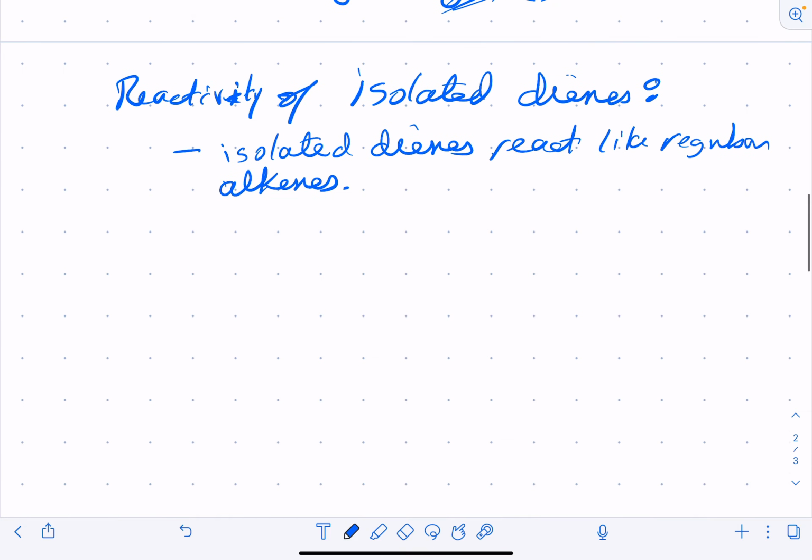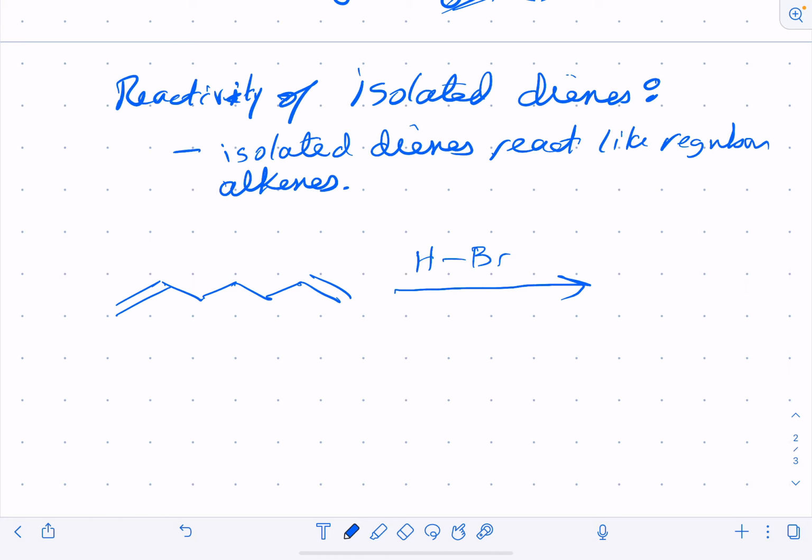So if I have an isolated diene like this one that we've started with, and I try to do one of these reactions that we kind of beat into your head in Organic 1, like the addition of HBr, for instance, and if I add enough of that HBr, I can convince both of those alkenes to react as I would expect a normal alkene to react. So I would end up adding HBr, following Markovnikov's rule, to that alkene, and I would do the same thing to the alkene on the left.